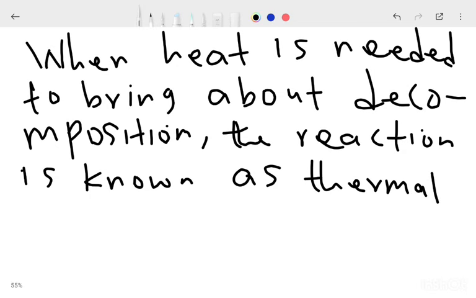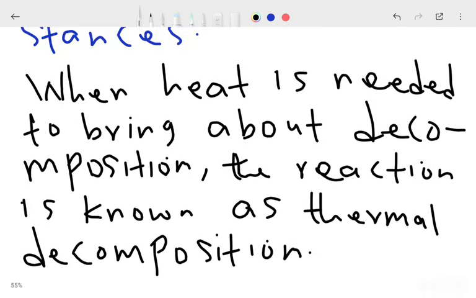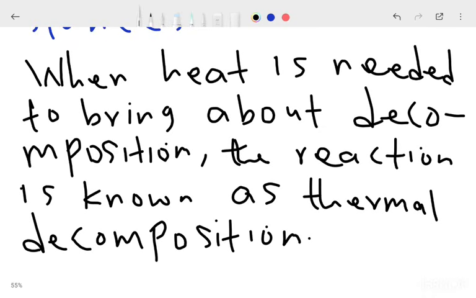The reaction is known as what? Thermal decomposition. Are you getting it? The reaction is known as what? Thermal decomposition. I said when heat is needed to bring about.